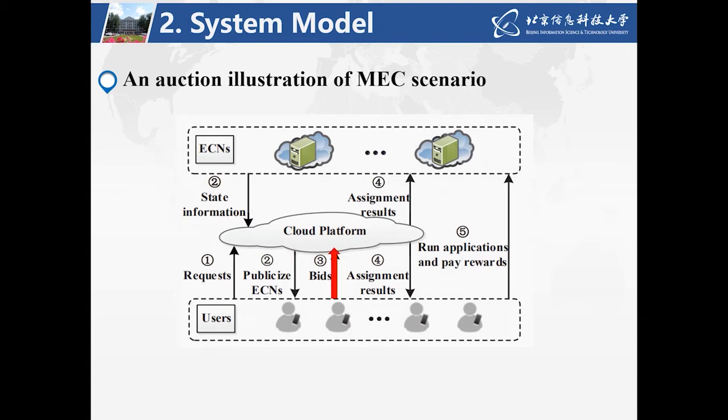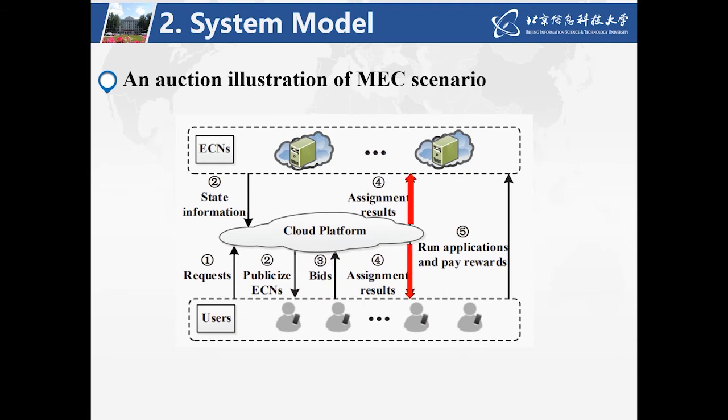So the mobile user values the edge computing nodes differently according to the state information. At the same time, the mobile user determines a bid for edge computing nodes.